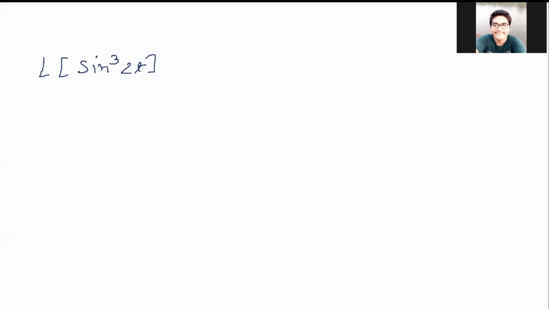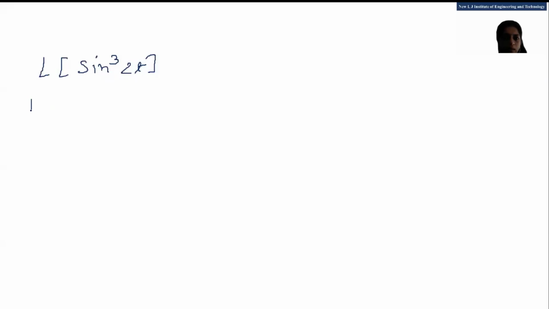In that, we will put 2t instead of t. Okay, just tell me, if I want to find the Laplace of sine cube 2t, can you tell me what is the proper formula for this sine cube 2t?